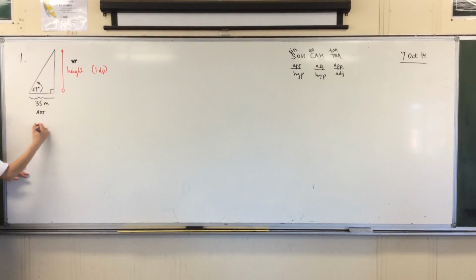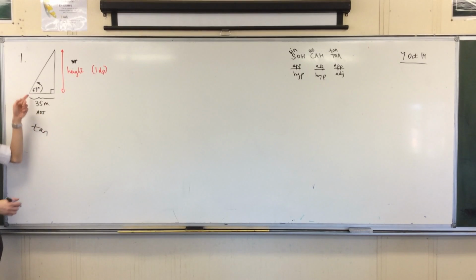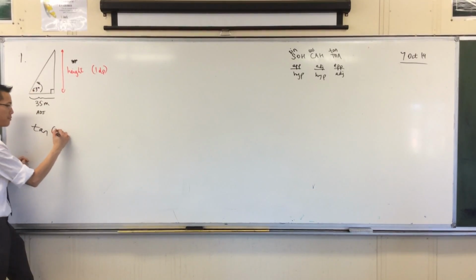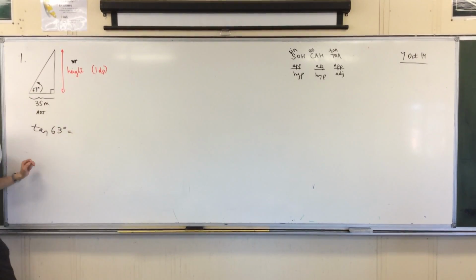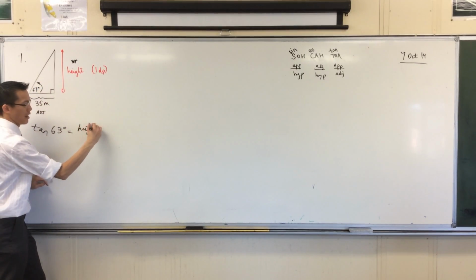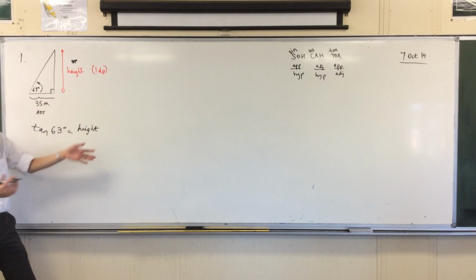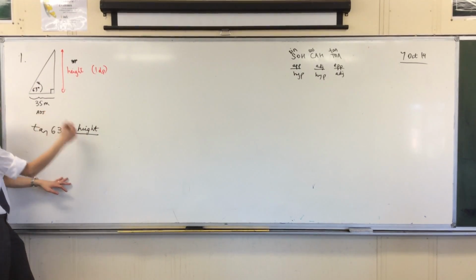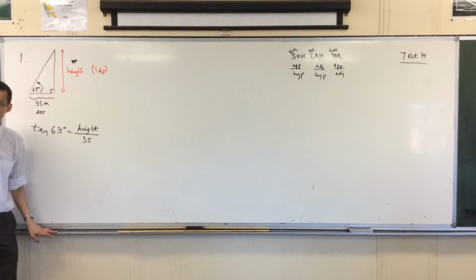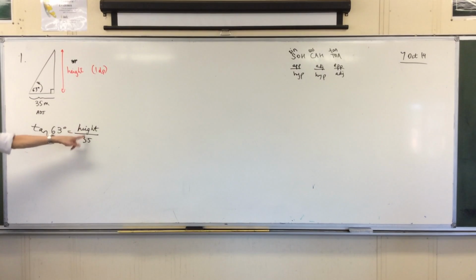So I'm going to write a sentence now. Tan of the angle, 63 degrees, is equal to opposite on adjacent. I don't know what the height is yet, anyway. So I just write height divided by adjacent, 35. Good. So now I just rearrange it a little bit because I want the height.